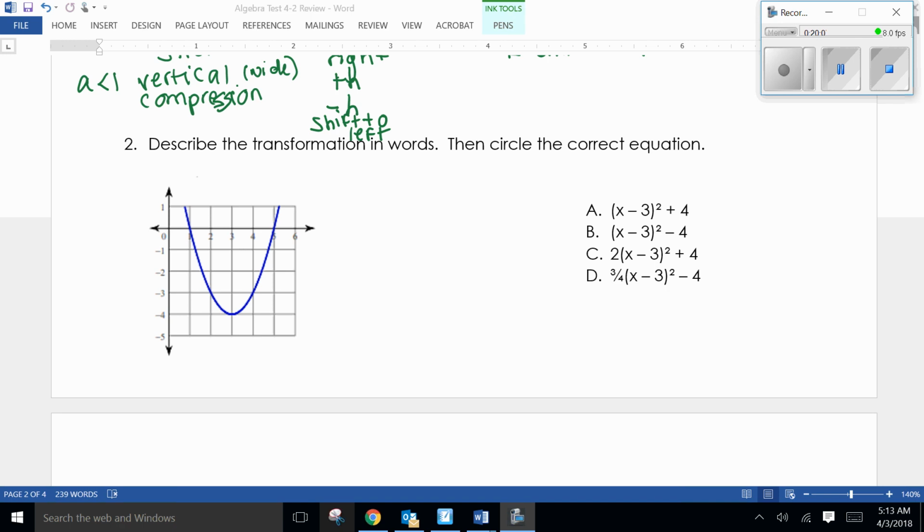Okay, number 2, describe the transformation in words, then circle the correct equation. Okay, so compared to my parent function that begins here, I can see that it shifted to the right 1, 2, 3 times.